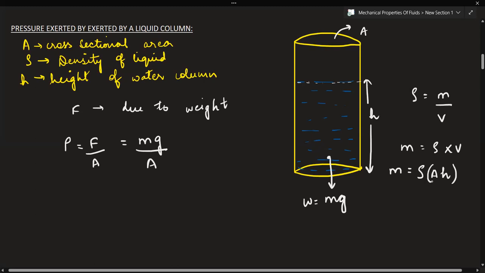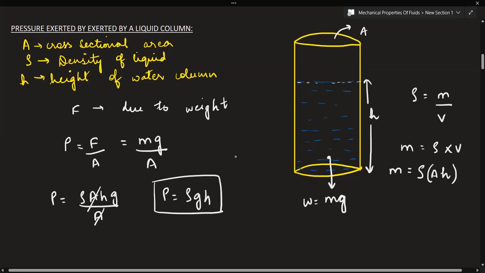So it would be rho A h. Is this portion clear? Yes, ma'am. So can we put the value of mass over here? It would be rho A h g divided by A. Area would cancel the area and we are left with rho g h. This is the pressure exerted by a liquid column and this is also called gauge pressure.